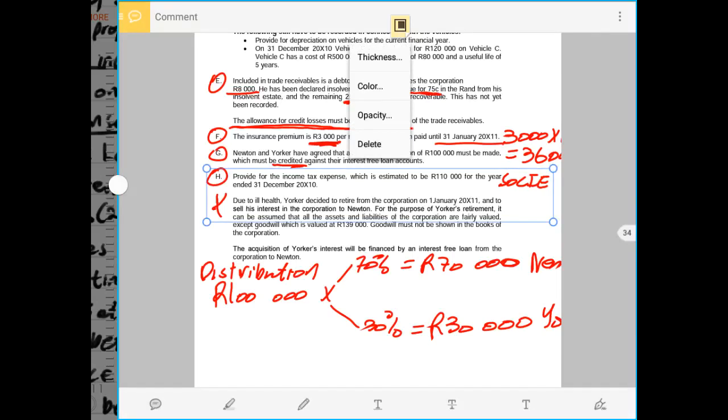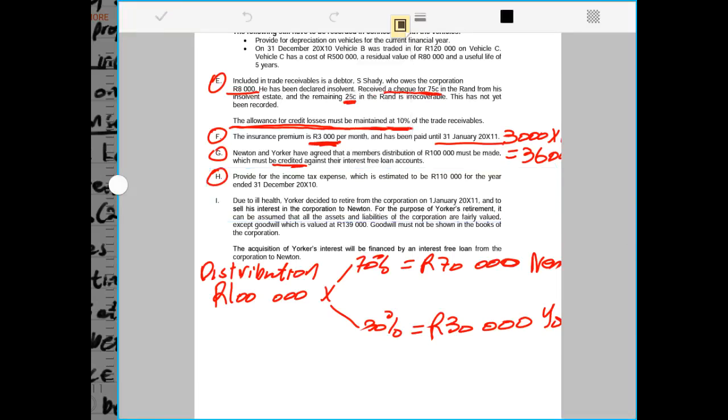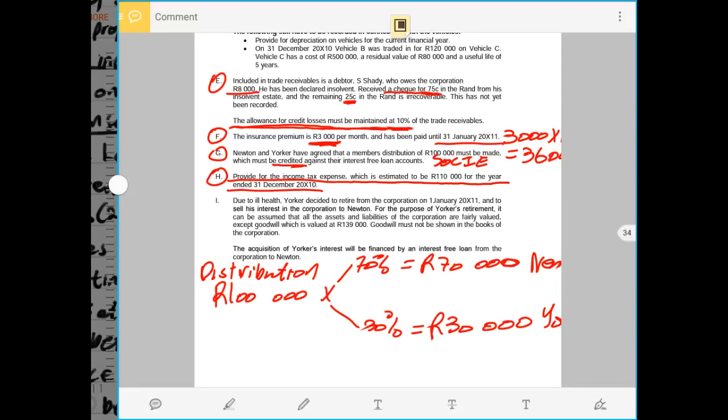Sorry, this is not the statement of changes in equity. This is the one, statement of changes in equity. So number H says provide for the income tax expense, which is estimated to be 110,000 for the end of the year 31st December 2010. So now we have to make provision for the tax expense.